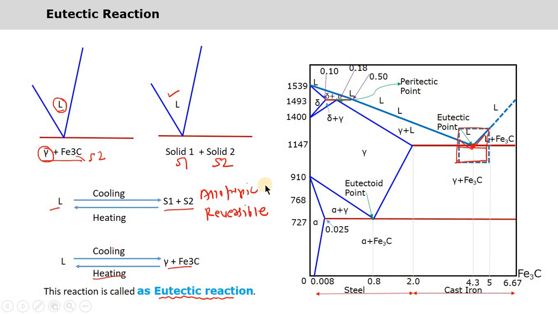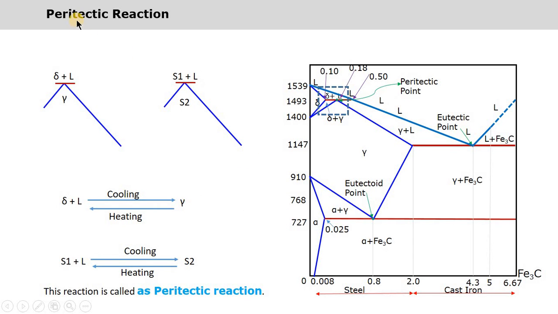Then moving to the next reaction. The next is the peritectic reaction. Again, to write the peritectic reaction, locate where the peritectic point is in the diagram. The peritectic point is on the highest isotherm. The highest isotherm is this line, and this is the peritectic point.